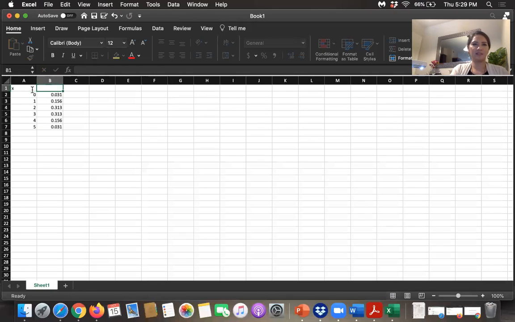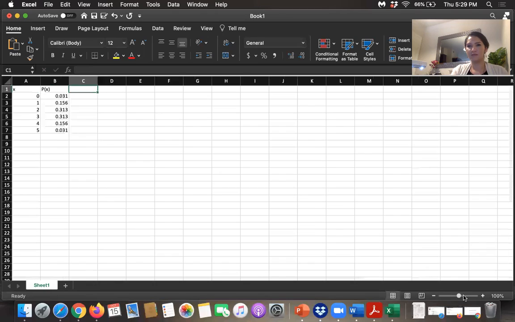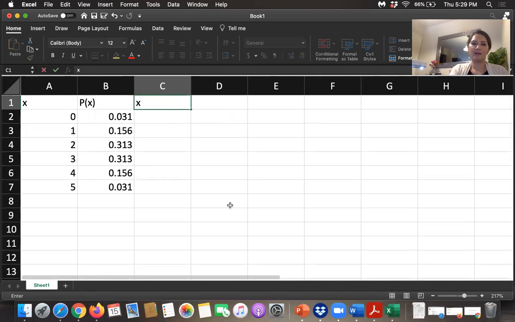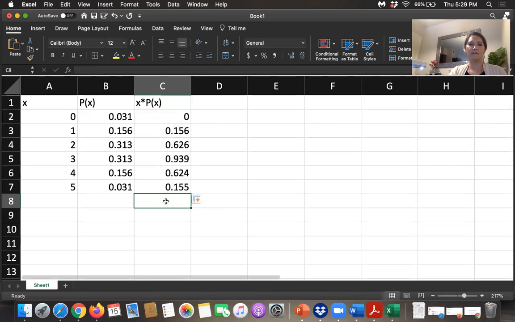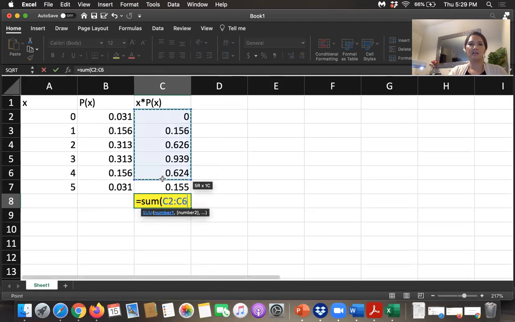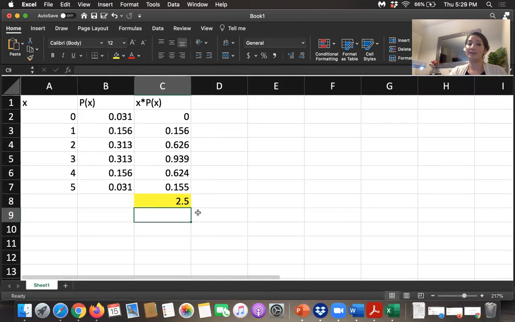So that's x, and that's the probability of getting x. There we go. And then I want x times that probability here. So I hit equals, and then I grab that cell, and then use the asterisk for multiplication, and then I grab that cell, click enter, and then drag and drop that corner there. And then we want to add those up. So in this box, I'll type equals sum, open parentheses, select those cells, close parentheses, and you get 2.5.